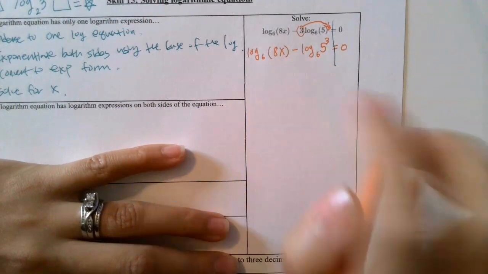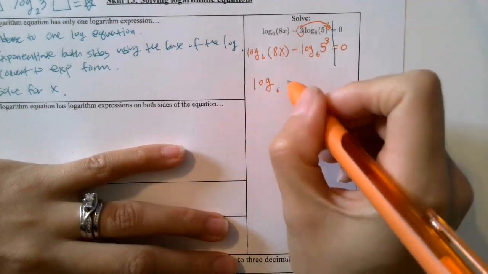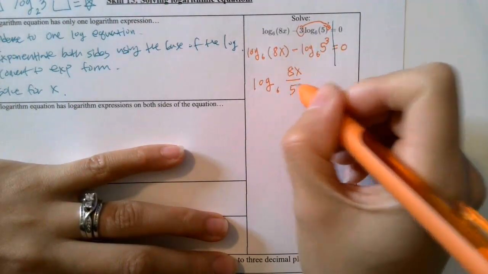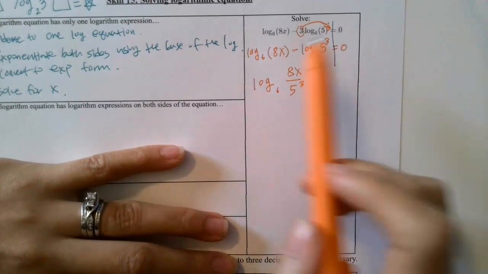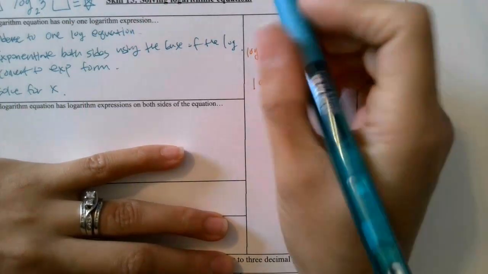Notice both of them have log base 6, so I can condense as a single logarithm. Log base 6 of 8x minus means the negative exponent, 5 to the third power, or in other words, you divide on the argument, equal to 0. So I'm done with step number one.